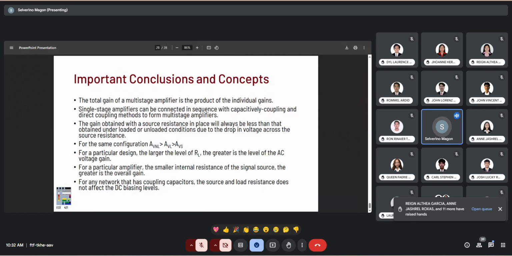Quiz 1 was from 6 p.m. to 8 p.m. So the tentative schedule for now, because some groups are not able to join the 6 to 9, will be 2.